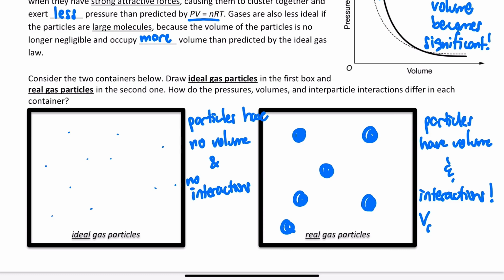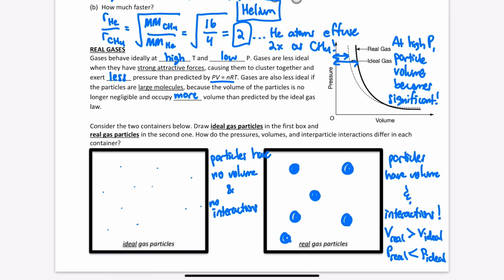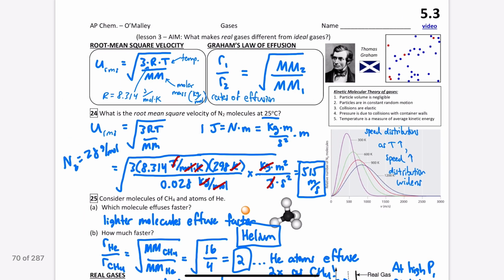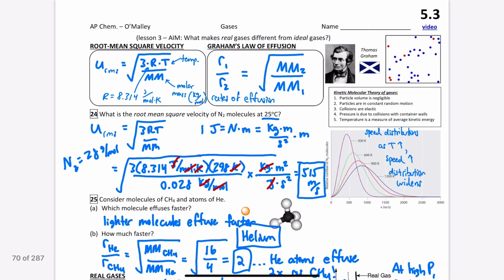So the volume that we would measure for a real gas is often going to be greater than what we see for an ideal calculation, and the pressure of a real gas is often lower than the pressure predicted under the ideal gas law. Okay, so that talks about how real gases are different from ideal gases, how we can calculate the relative rates of effusion for different gas particles, and how we can even calculate the root mean square velocity of a gas particle based on its temperature and its molar mass.